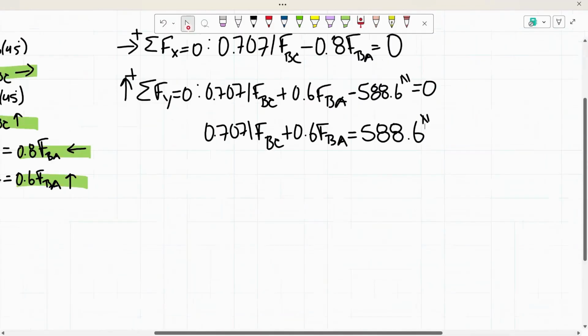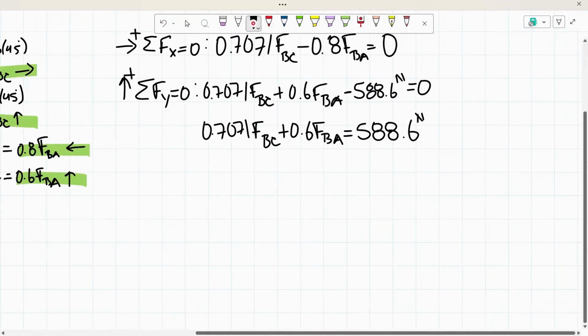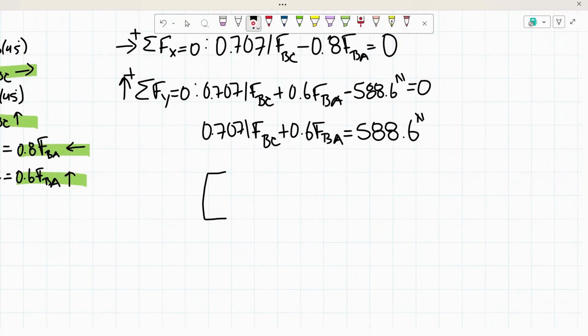So if we were to rewrite this, just so you could have a better understanding, this would look something like this. Negative 0.8, and then we have 0.7071, 0.6, 0.707.